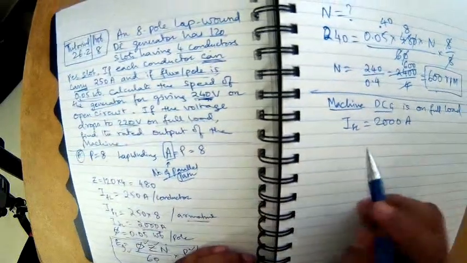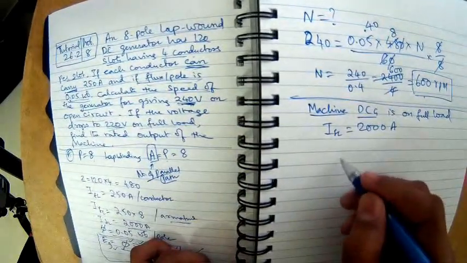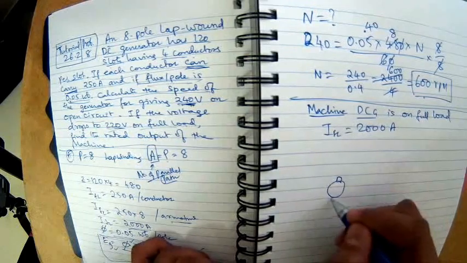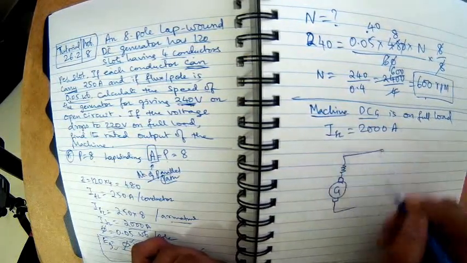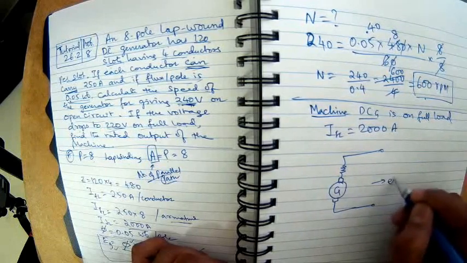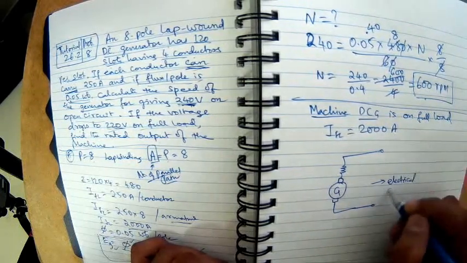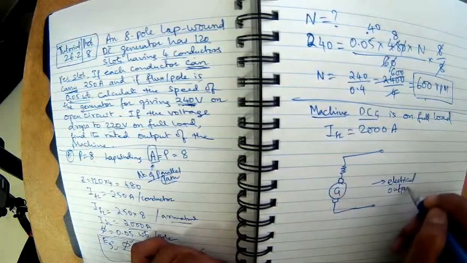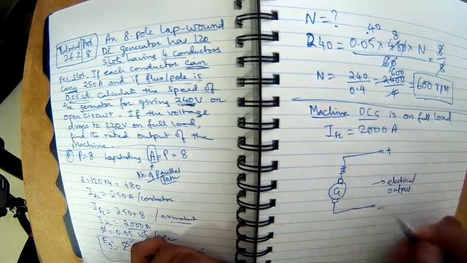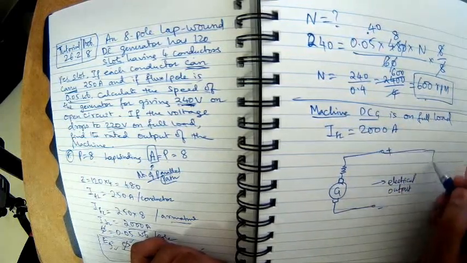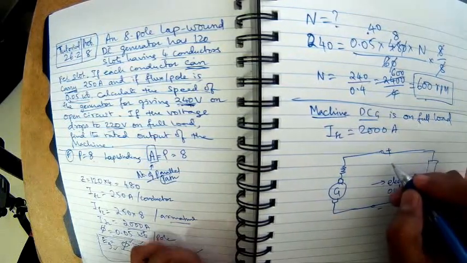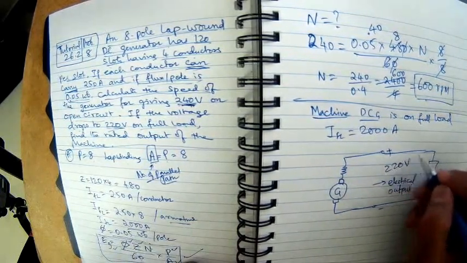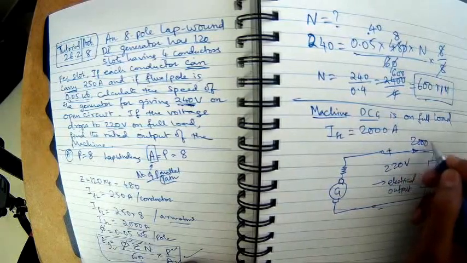So obviously, I think it helps to draw a diagram here. This is a generator, this is the armature resistance, and then this is the electrical output. It is supposed to be generating some voltage, and there should be a load here, and the voltage is given as 220 volts, and the current here is 2000 amperes.